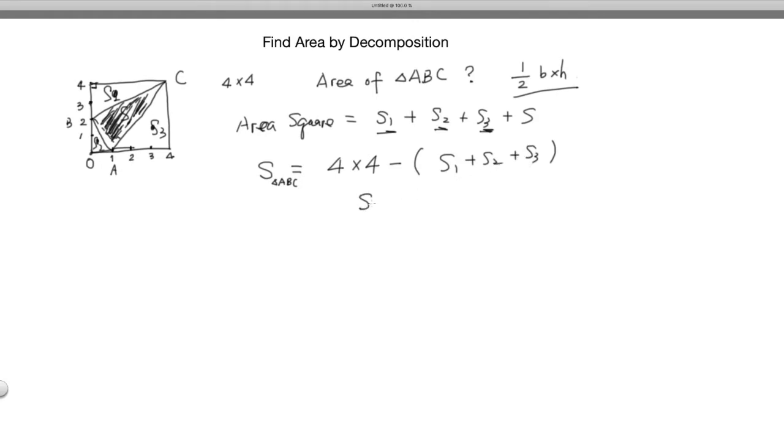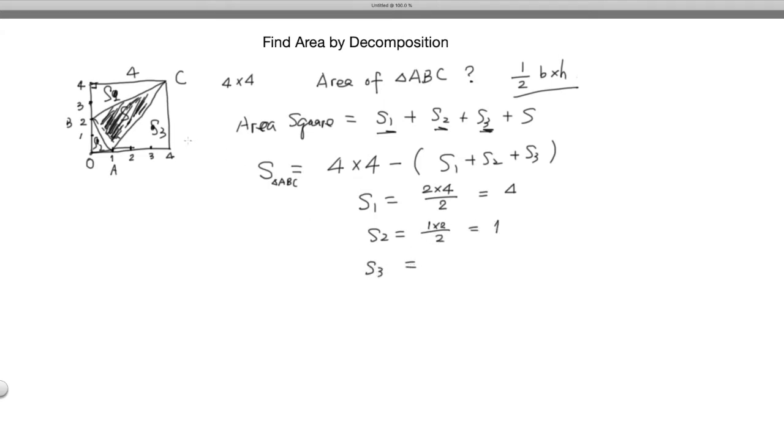What's S1? For this right angle triangle, you have the 2 legs, 2 and 4. So S1 equals 2 times 4 divided by 2, equals 4. S2 is this right angle triangle with the 2 legs, 2 and 1. So 1 times 2 divided by 2 equals 1.